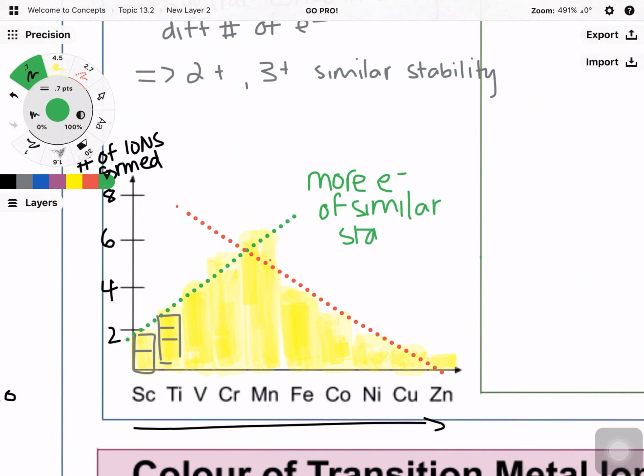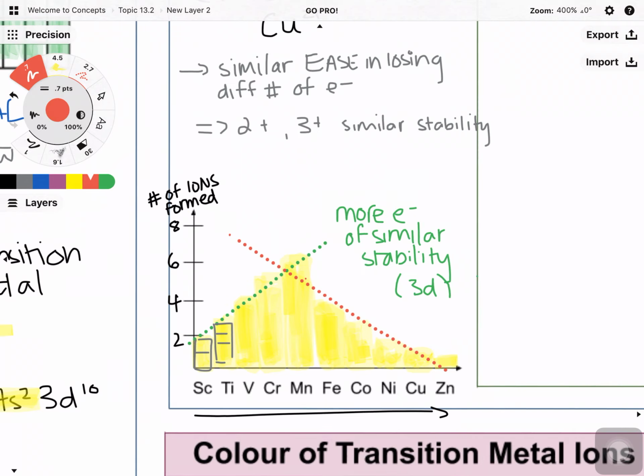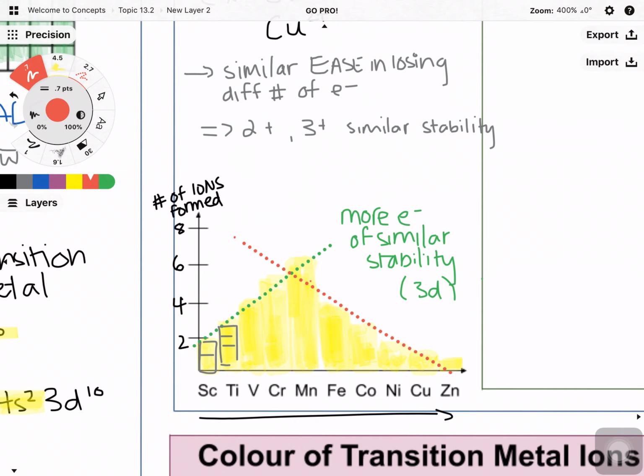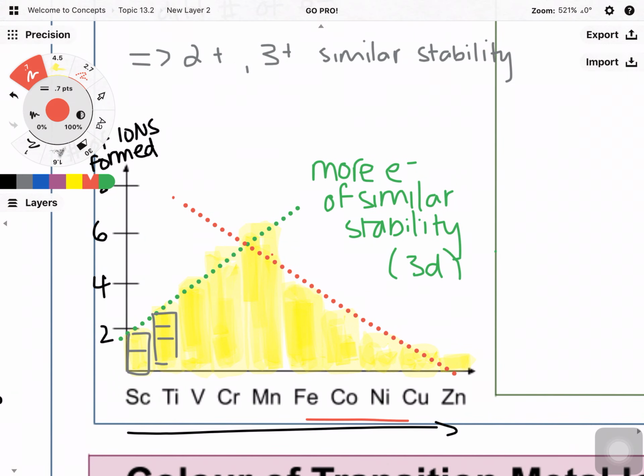They are all located in the 3d sublevel. You'll also notice another trend as we continue onwards towards the right. Past manganese, you'll notice that the number of possible stable ions decreases. This is because the protons in the nucleus of these elements are able to have a stronger attraction to the electrons.